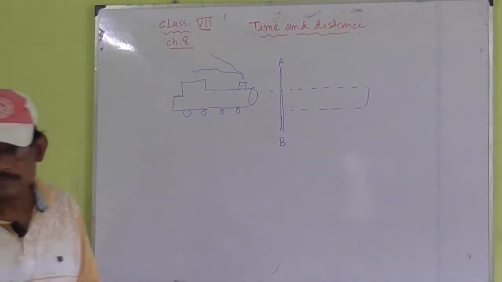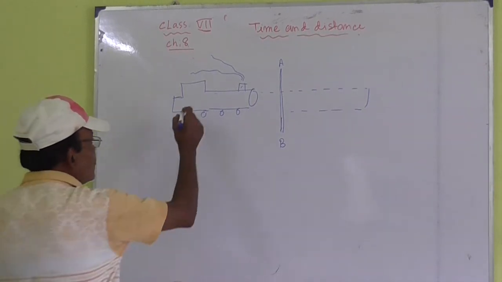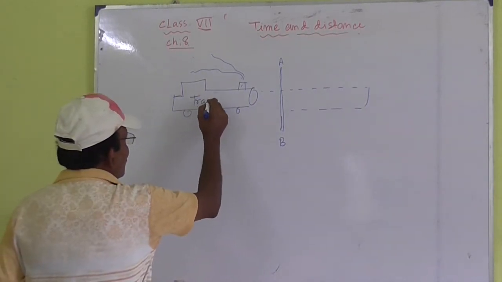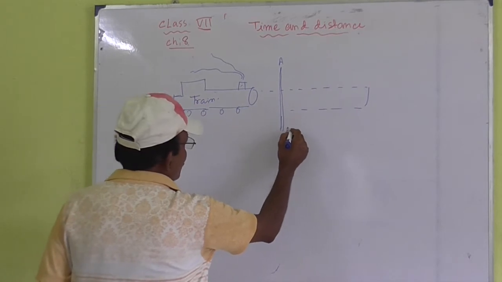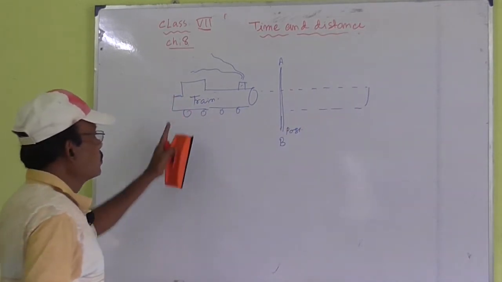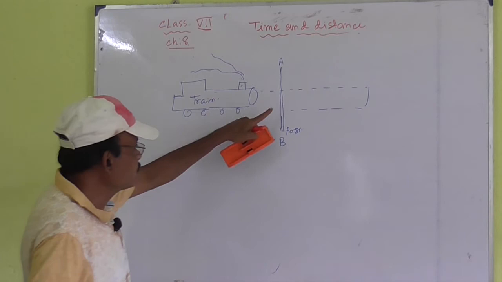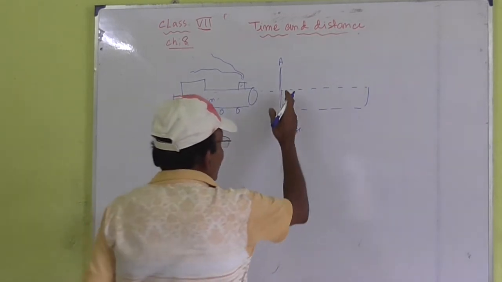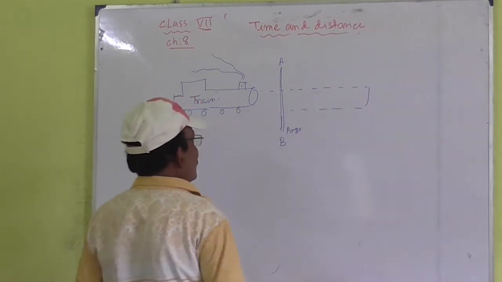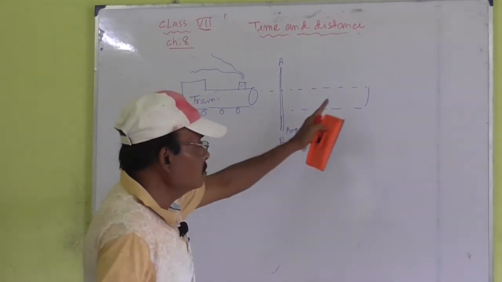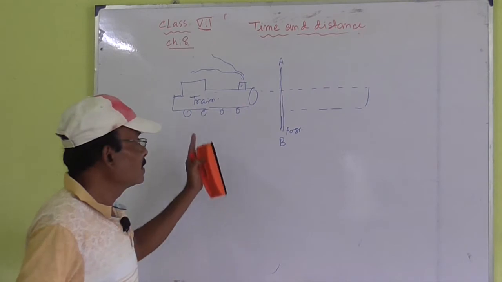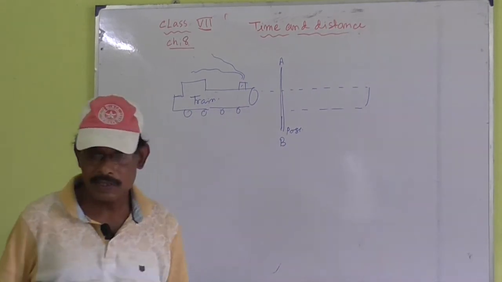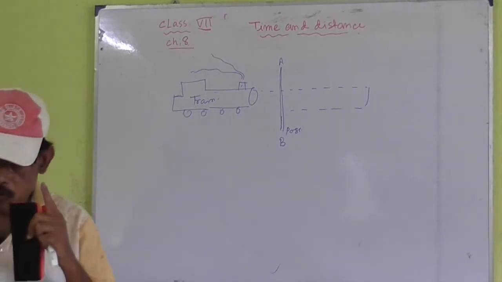Clear? When the train, this is the train and this is the post. The train first reaches this line and then passes from left side to right side. Then it covers its own length. This is the first principle, first rule.